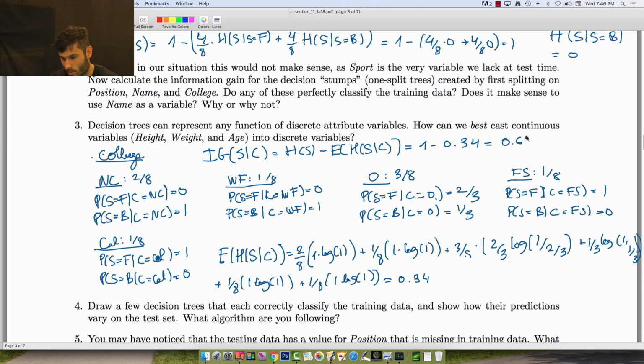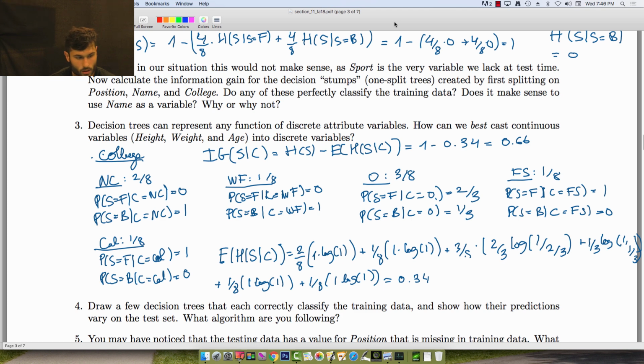This is equal to 0.66. Then the last question they ask us is if any of these perfectly classify the training data. This is not the case, because otherwise we'd get an information gain of 1, that is, perfectly knowing the data.